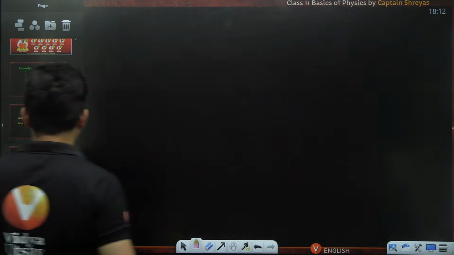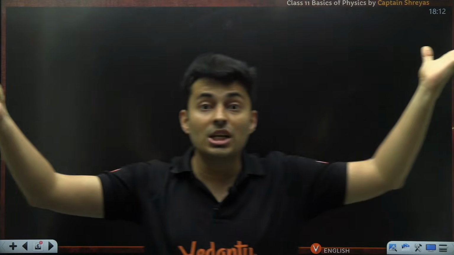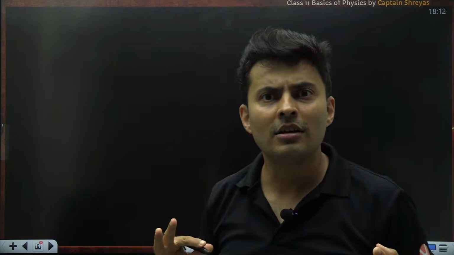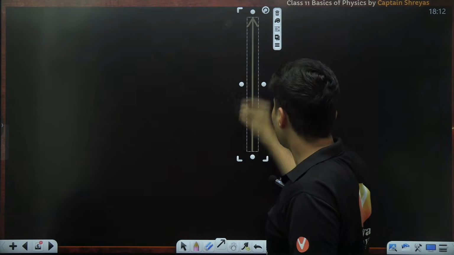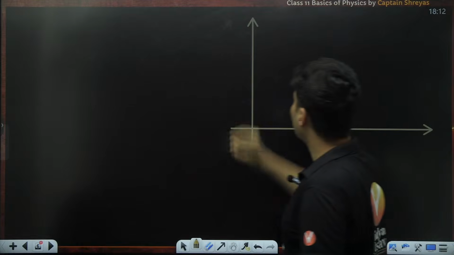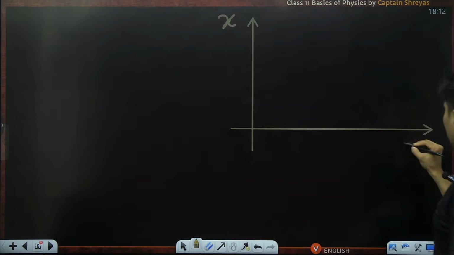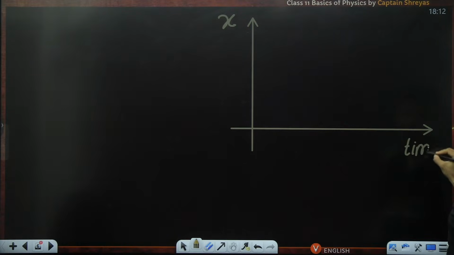Okay, sir. Now, what if I can tell you the position in a graph manner? Yes, I can tell you the position in a graph manner also. Observe this carefully. Let's say this is the x coordinate, and this is the time.